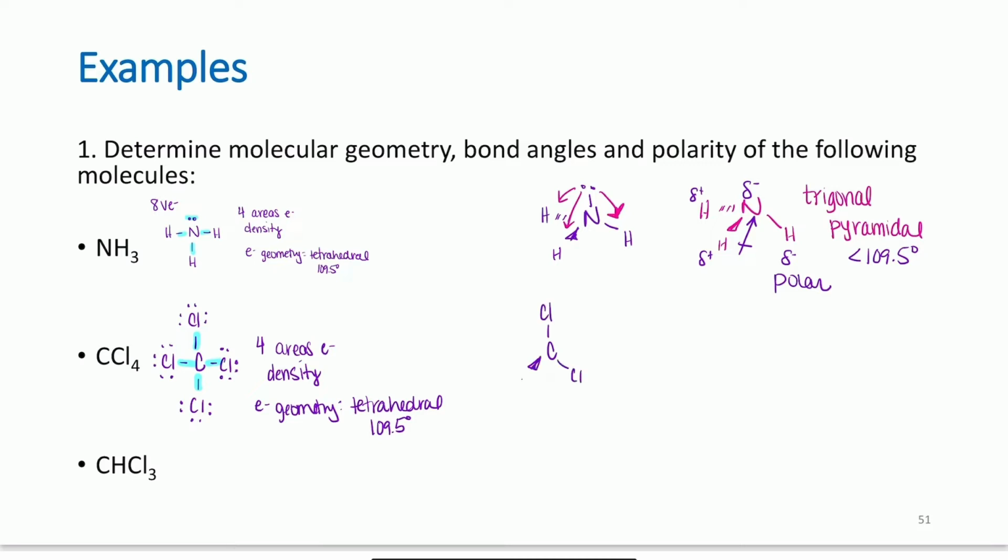Carbon tetrachloride. Not a very nice chemical. I'm not going to draw lone pairs in the outer atoms because I don't need them. They were drawn there for the Lewis structure to determine where the electrons were going, but I don't need them in my VSEPR shape. I don't have any lone pairs, so my compound stays tetrahedral for molecular geometry.